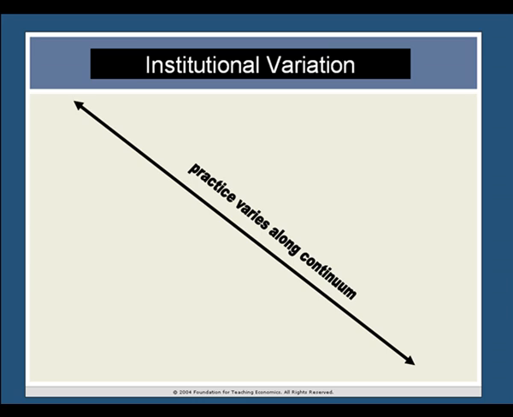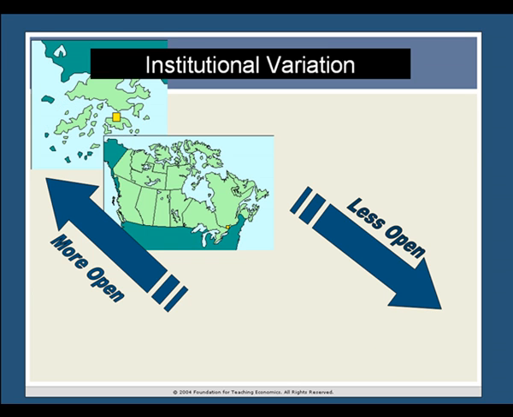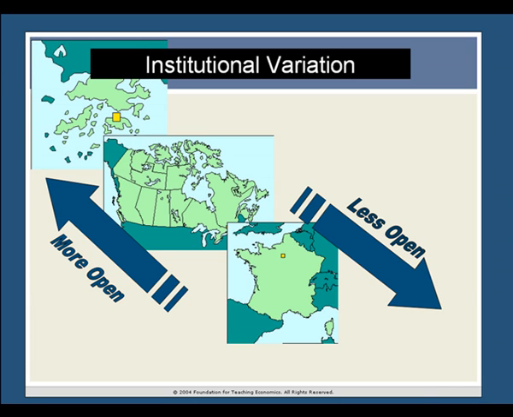Consider the institution of markets, for example. Hong Kong, China, Canada, France, and the United States have markets, but the competitiveness and ease of entry into those markets differs greatly. So too do the number and type of products exchanged in markets. In Hong Kong, almost all goods and services are provided through virtually unregulated markets.